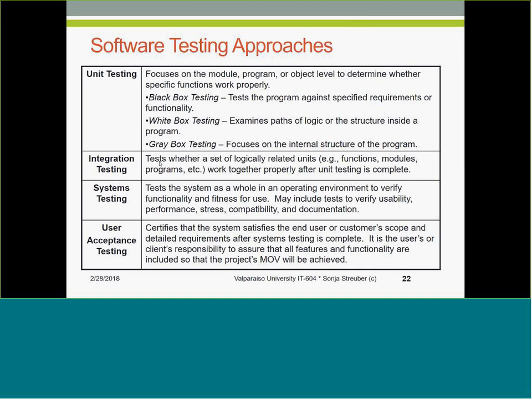Because remember, good quality management means catching problems as early in the process as possible, right? Because if we catch them later, the more rework we have to do, the more expensive things are going to get.